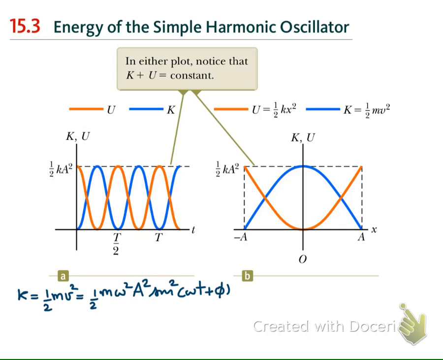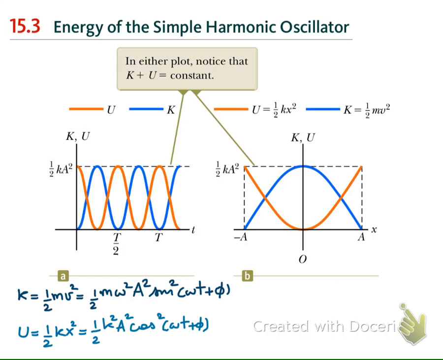The elastic potential energy of the spring is U equal to half of k x squared, and if we substitute x here, we will have that U is equal to half of k A squared cosine squared of omega t plus phi.